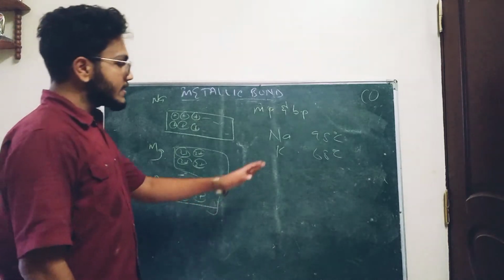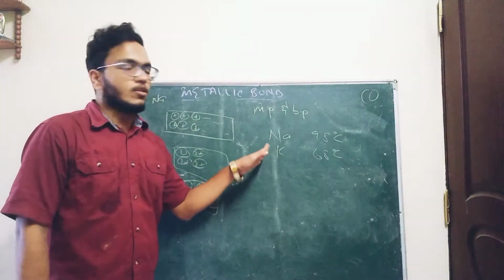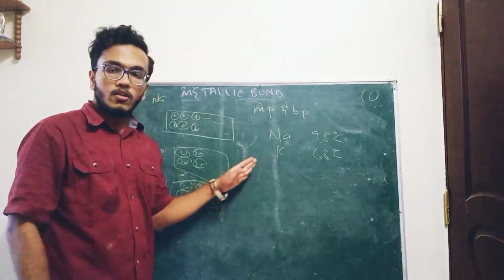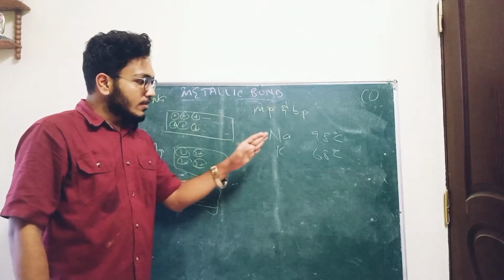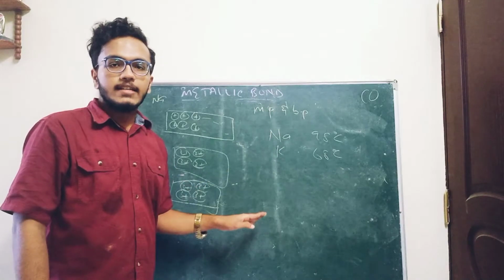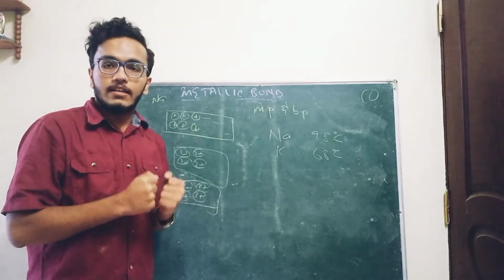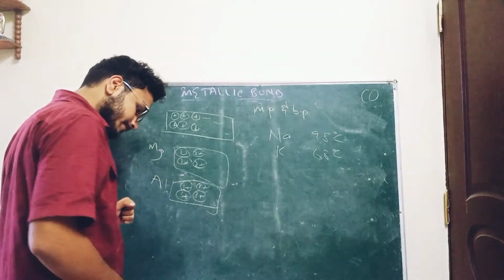Why? You cannot say that potassium has more delocalized electrons than sodium. No, they are both in group 1, so they both have one delocalized electron. However, sodium has a smaller atomic radius, hence a greater nuclear force of attraction, hence a stronger metallic bond.